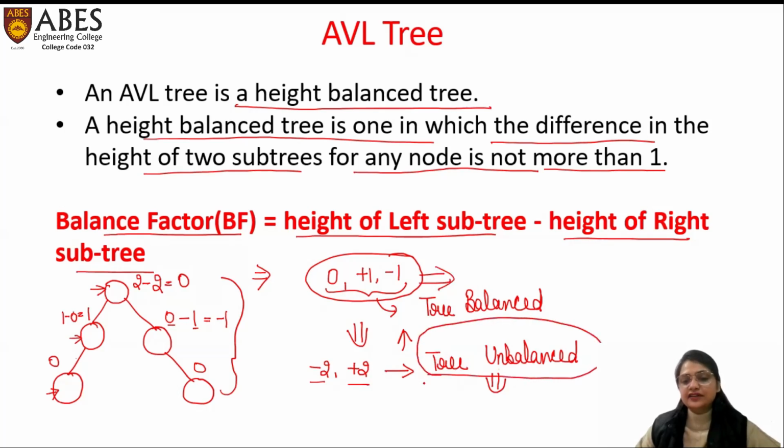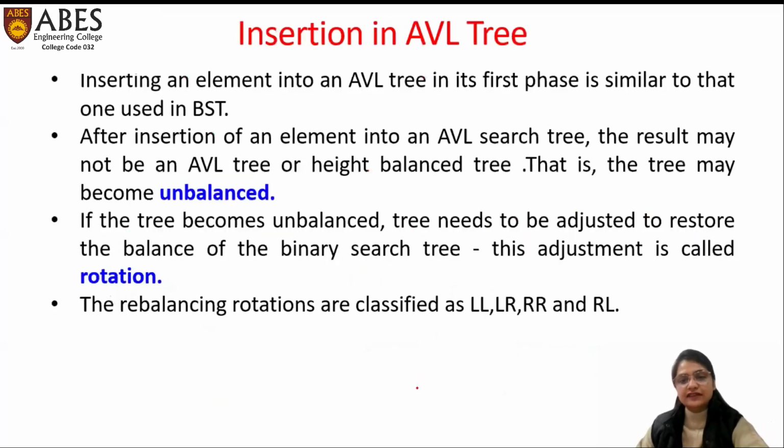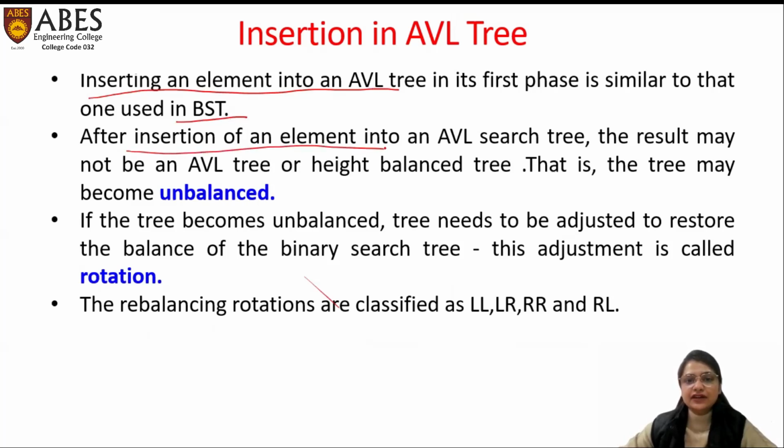So to make our tree balanced, we have to perform certain rotations. Inserting an element into an AVL tree is similar to a binary search tree, which I have discussed in my previous lectures. After inserting an element into an AVL search tree, the result may not be an AVL tree.